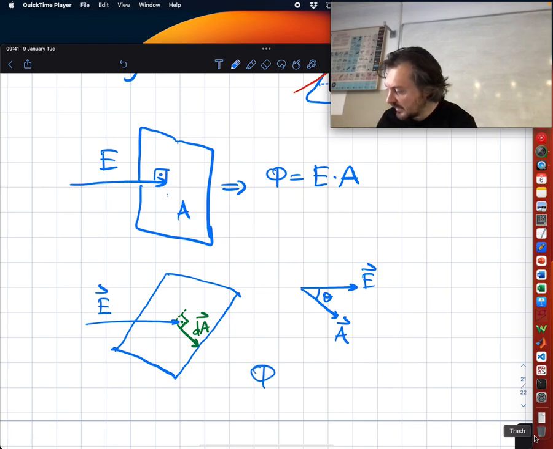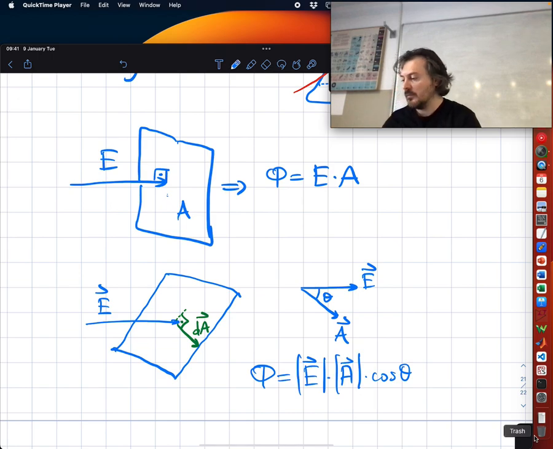I can write it as E times A times cosine theta. Is this clear? Any questions? No?